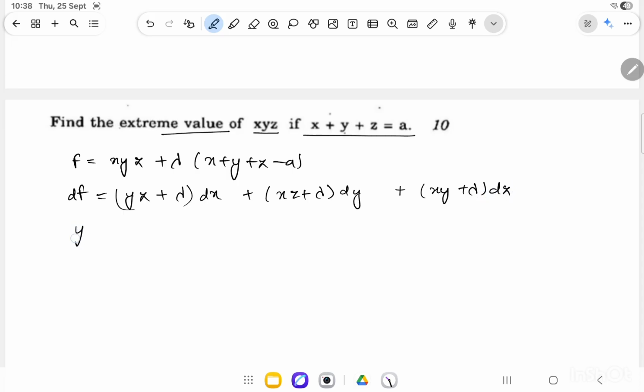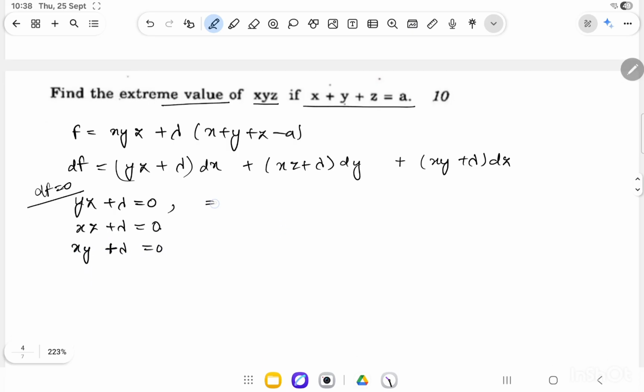So from here you can equate df with 0. That will give you yz plus lambda equals 0, xz plus lambda equals 0, and xy plus lambda equals 0.